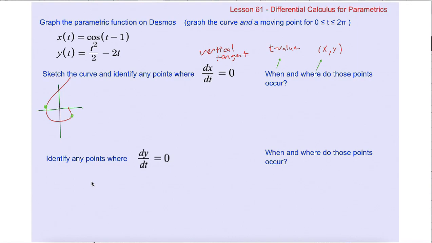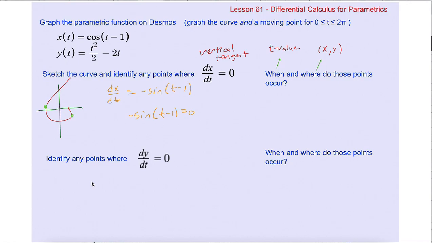Well, I can find dx/dt, because dx/dt is just the derivative of that. The change in x with respect to time would be the negative sine of t minus 1. Had there been a derivative to my inside function other than 1, I'd make sure to include it, but I don't have to worry about that. And so if I want to know where dx/dt equals 0, negative sine of t minus 1 equals 0, well, when does sine equal 0?